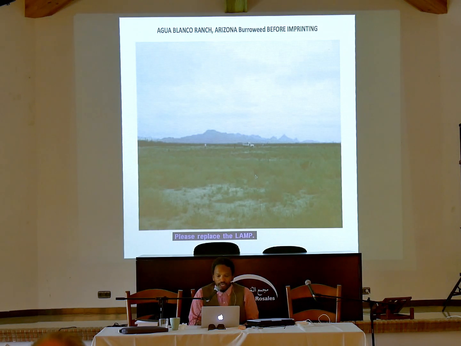Here's another one. Agua Blanco Ranch, again, burrowweed. And so burrowweed is apparently like an invasive. So many of the areas that the work is being done in here are often places that are ranch land, or what was previously ranch land, that no longer is being used for that purpose because the pastures have become really degraded.